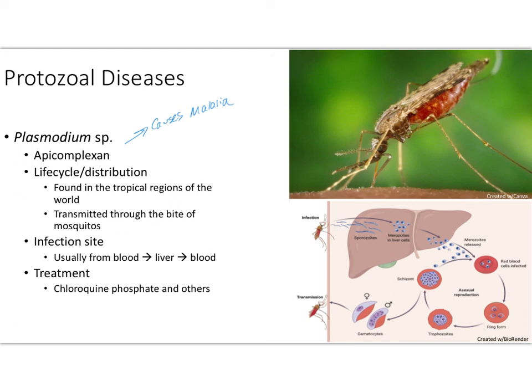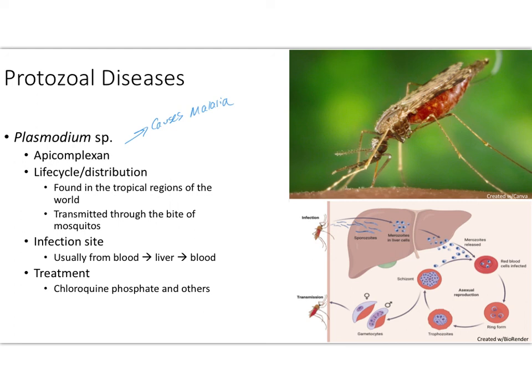However, as the planet gets warmer and regions outside of the tropics continue to increase in temperature, this mosquito has a bigger geographical range. Even just a 1 degree change in temperature is enough to give this mosquito much more of a geographic area to be able to survive and potentially transmit this protozoa.